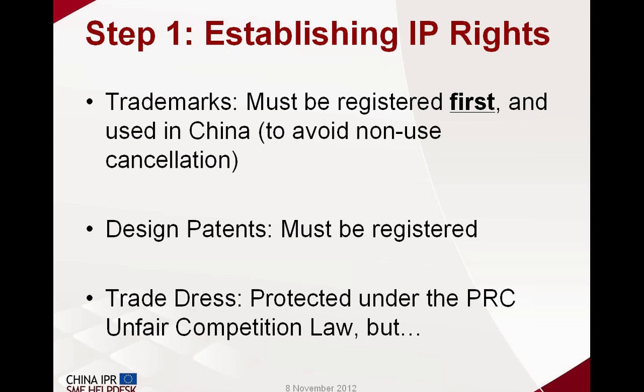However, there's a condition, and this is extremely important to keep in mind, that your product needs to be famous in China. So trade dress protection is not available, for example, for European companies who focus only on the European market, because by definition it means that you're not famous in China.